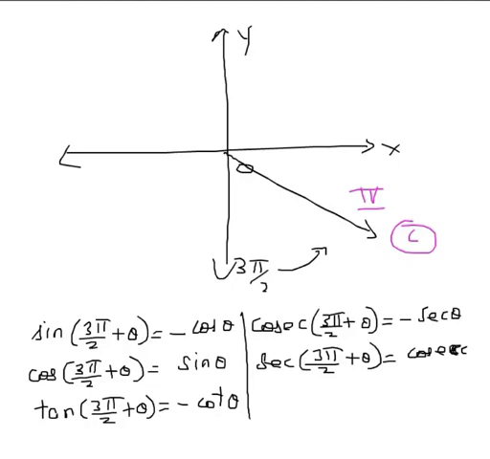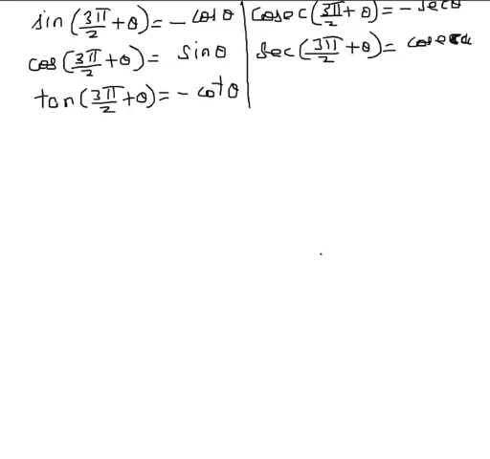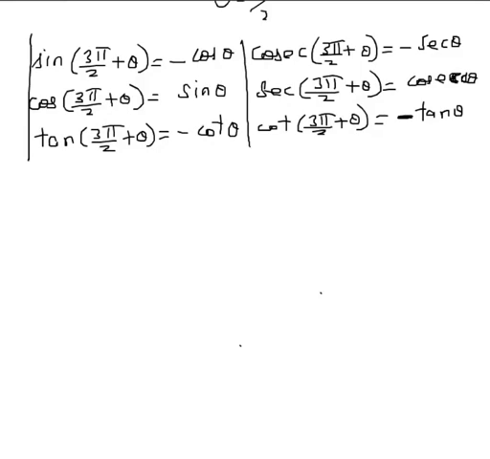It is cosecant theta. And then cot of 3 pi by 2 plus theta will give you fourth quadrant, cot is negative. Therefore, it becomes minus, change the ratio, minus tan theta.